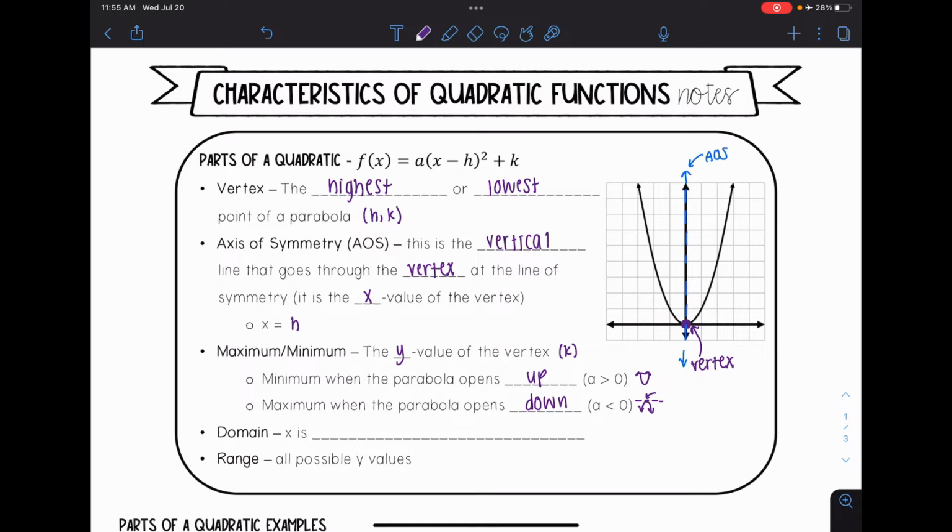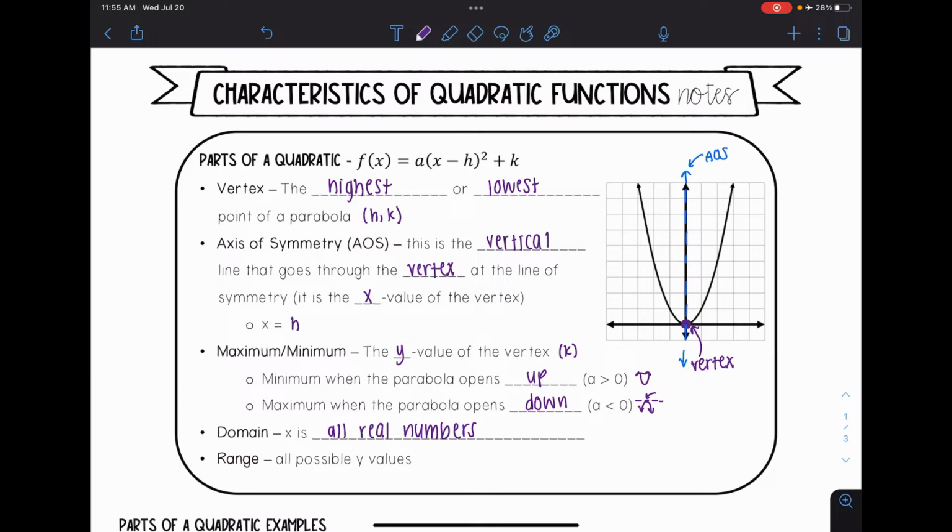Domain, for all of these quadratic functions, is always going to be the x's, all real numbers. That's because domain, if you recall, is all the possible x values that you can have in the function. And since these quadratic functions go forever to the right and forever to the left, it's going to cover all real numbers. Range, on the other hand, is going to be all possible y values.